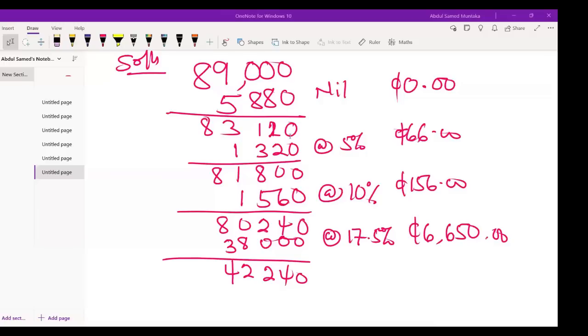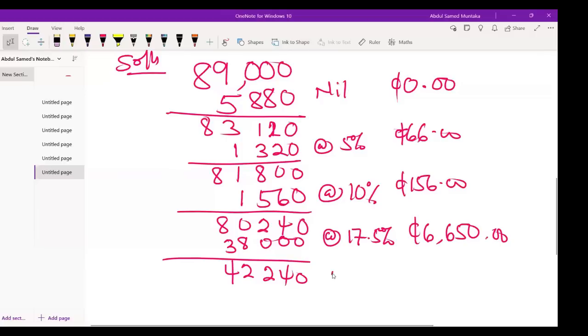Okay. Now you see that this 42,240 is going to fall in the category of 192,000, and that figure is not up to 192,000.